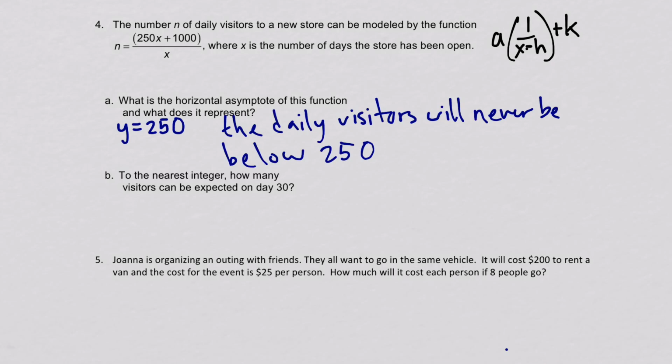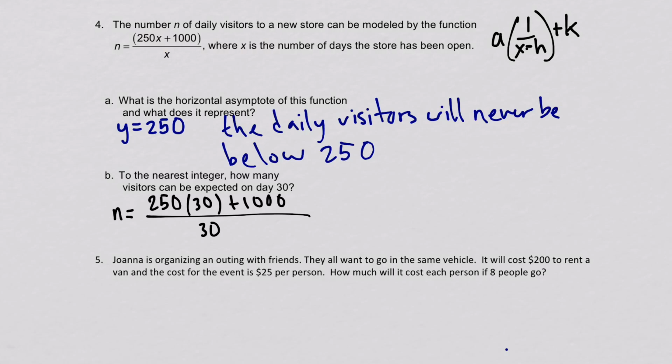Now part B, to the nearest integer, how many visitors can be expected on day 30? That's pretty simple. Day 30, we know that x represents the number of days, so just plug in 30 for x. We're going to get n, the number of visitors, equals 250 times 30 plus 1,000 all over 30.